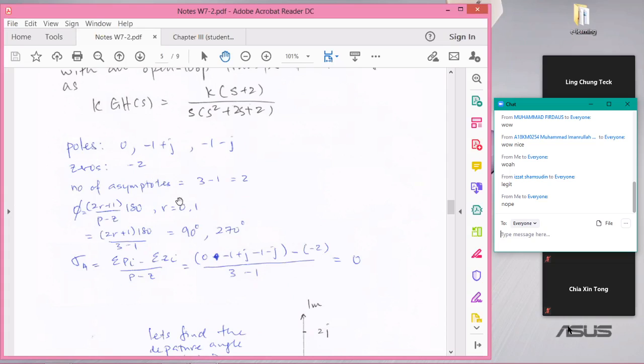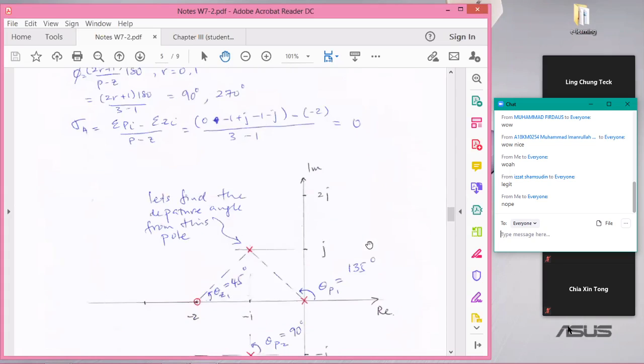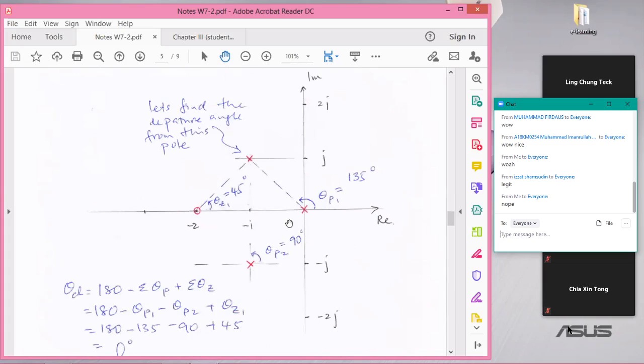So that's 0 plus j minus j, and p is the number of poles, z is the number of zeros, 3 minus 1. So the intersection of asymptotes happens at the origin, equals 0 here. Now you can draw the asymptote lines. You have 3 poles and 1 zero at -2.